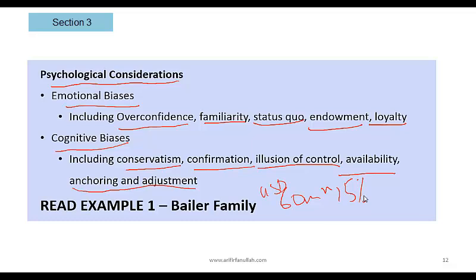Okay? Now the second question that relates to this particular case study is that the examiner will ask us to identify primary constraints that might impede the Baylor family from achieving their primary objectives. So what will stop them? There are, I think, two aspects that you could perhaps take a look at.